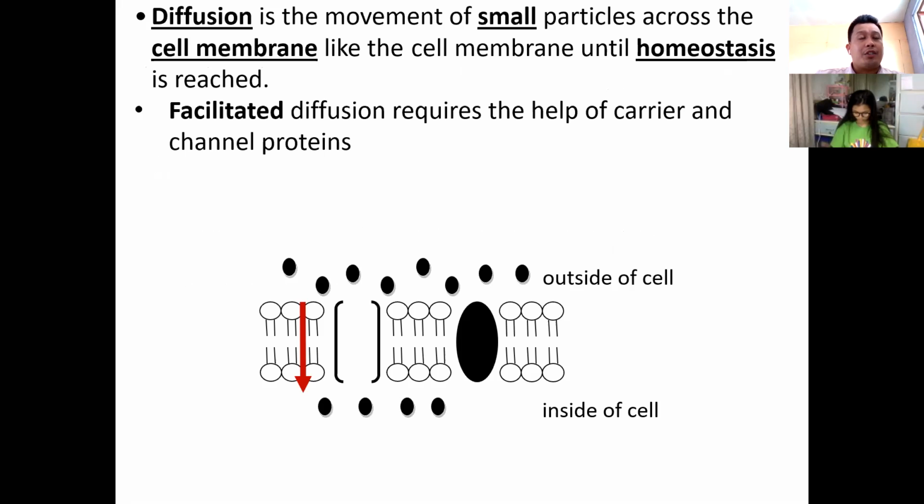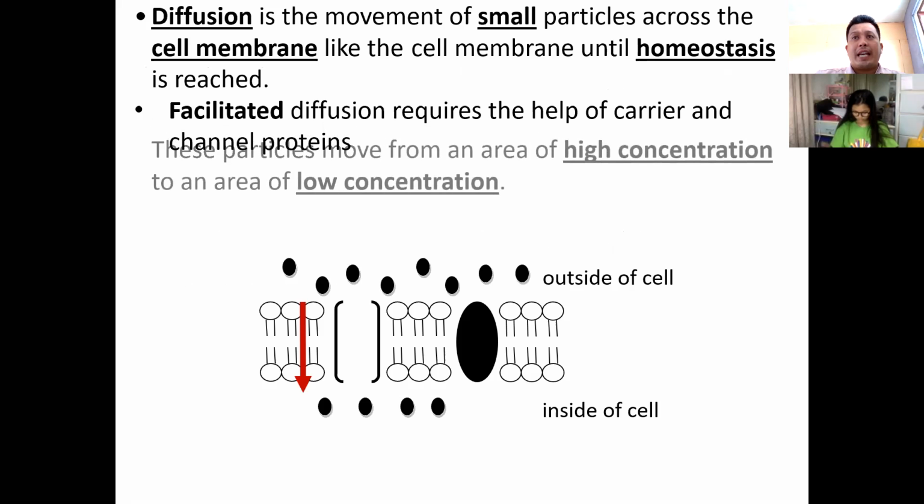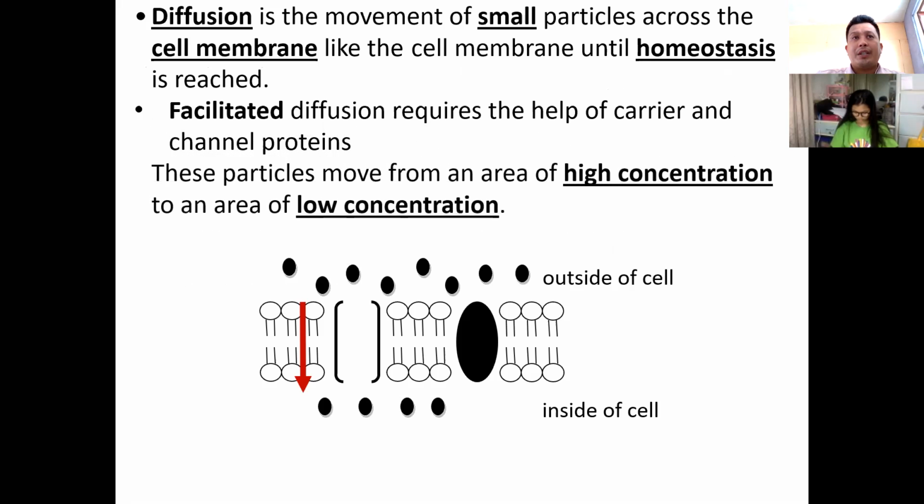Let's talk about diffusion first, class. Diffusion comes in two: facilitated diffusion and simple diffusion. Facilitated diffusion has the help of a carrier protein and a channel protein. What's the difference between a carrier protein and a channel protein? A channel protein is like a tube.